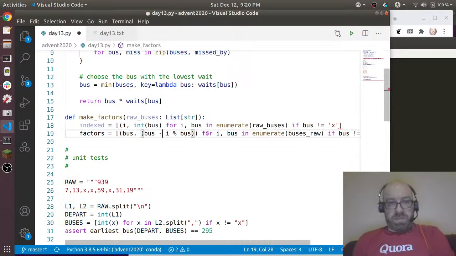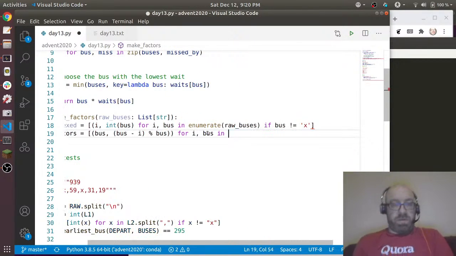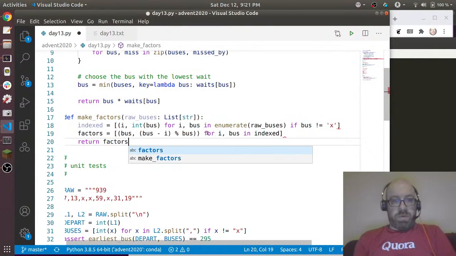This will just get rid of the 0, I think. For i, bus in indexed, return factors.